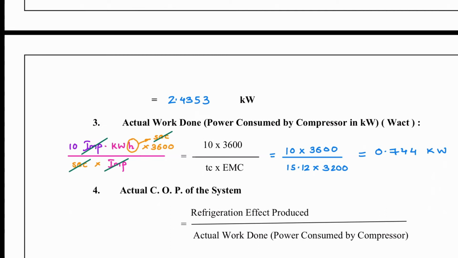So finally you can cancel impulse, this hour has converted into seconds, you can cancel seconds, and finally the unit is kilowatt, which we got over here.